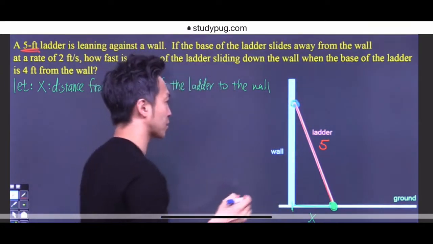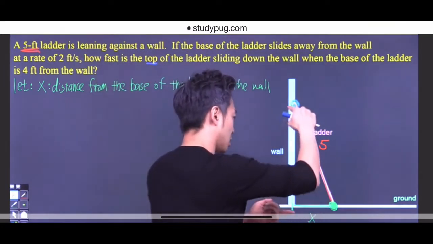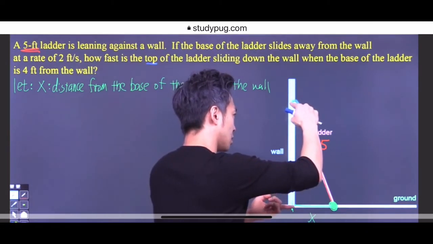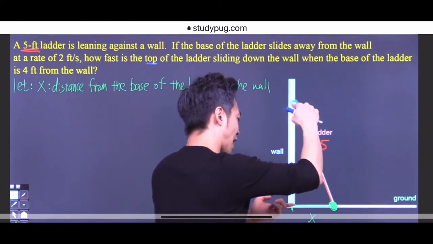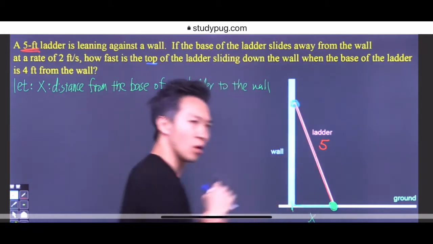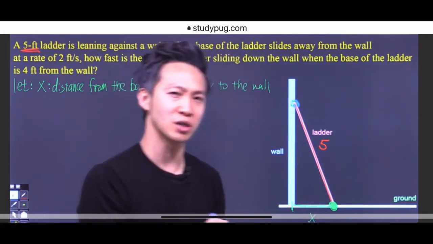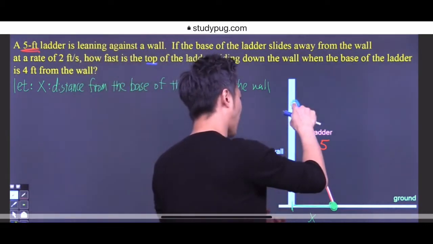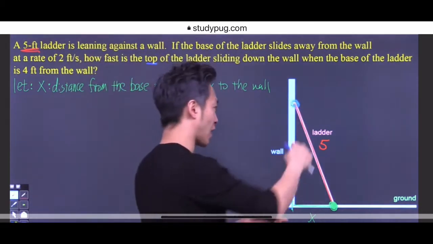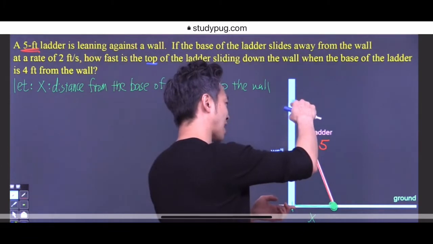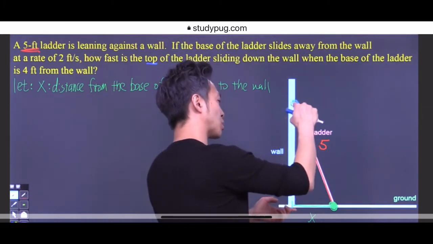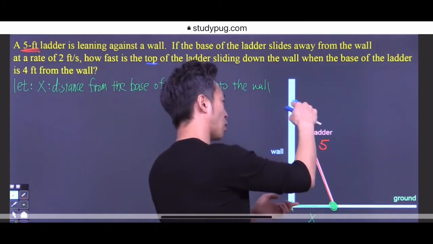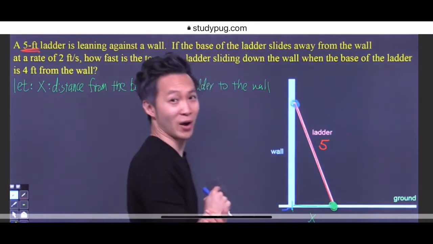Guys, as the top of the ladder slides down the wall, what quantity is going to change this time? Would you say the distance between the top of the ladder to the ground will change? In fact, as the top of the ladder slides down, the distance between the top of the ladder and the ground will what? Will decrease, right?